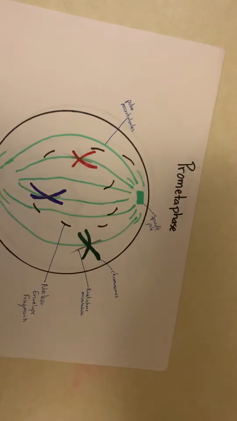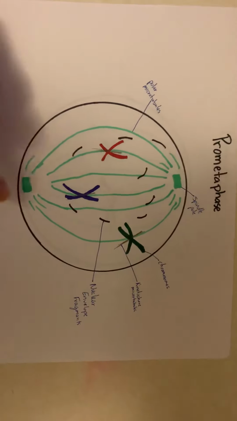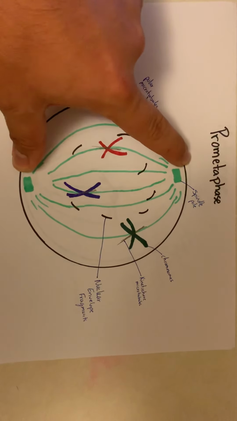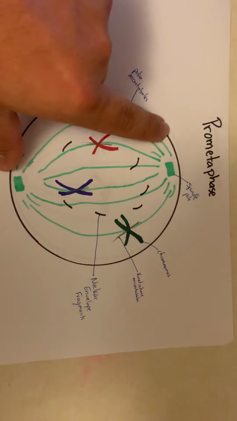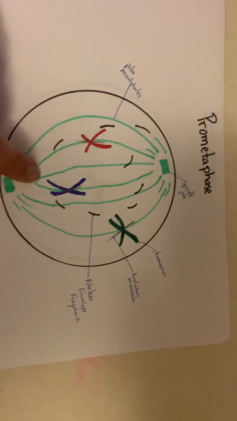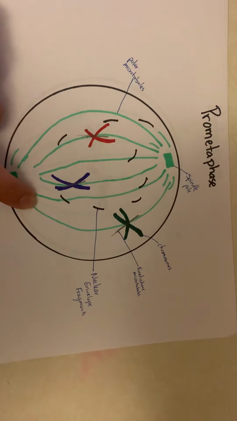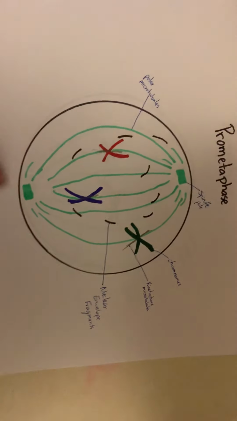So let me just flip this over here. In my prometaphase, as you can see, the spindles have not attracted, but they've repelled each other to the opposite sides of the cell. And you can see the polar microtubules, which I represent in turquoise, as well as the spindles.